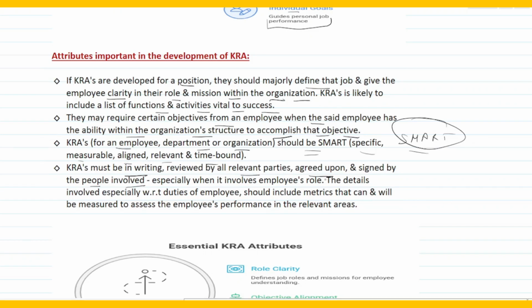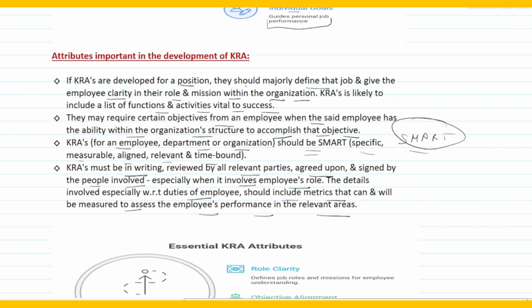So parties on both the sides should agree on it, and it should be signed by the people involved, especially when it involves employee's role, right? So that's what KRA is all about, because it defines the role that an employee is supposed to perform. The details involved with respect to duties of employee should include metrics that can and will be measured to assess the employee's performance in the relevant areas, right?